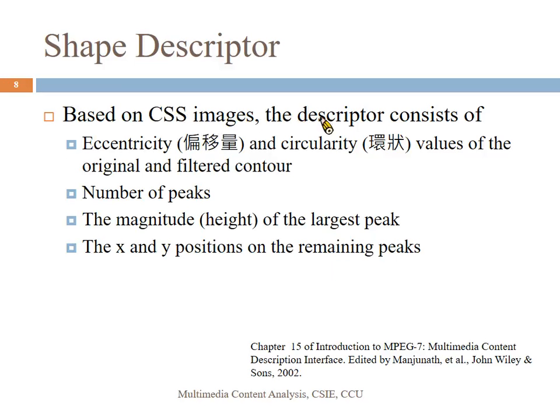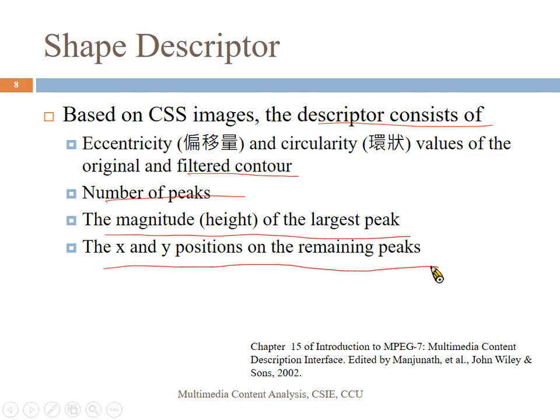Based on the CSS image, the descriptor consists of the following information, including eccentricity and the circularity value of the original and the filtered contour. We will also count the number of peaks, then the magnitude of the largest peak, and then the x and y positions of the remaining peaks.